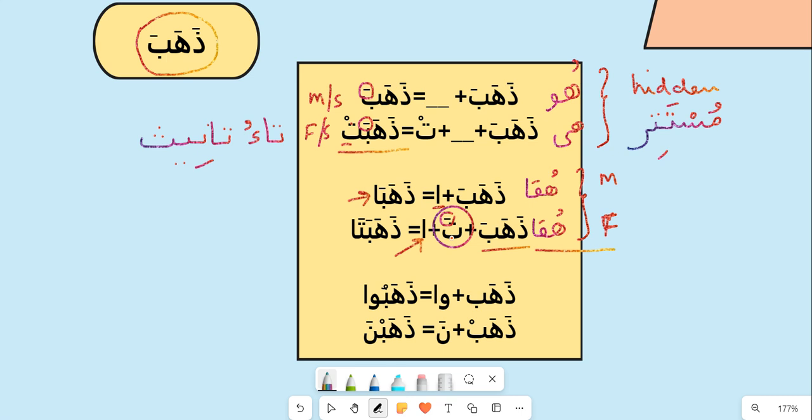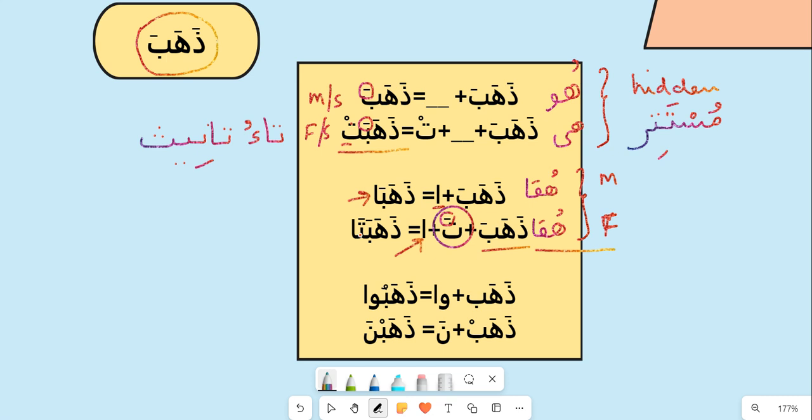This ta came just to distinguish that this dhahaba is being used for two dual women in the ghaibs, and this ta gives you the idea that now the dhahaba is being used for two women in the ghaibs.